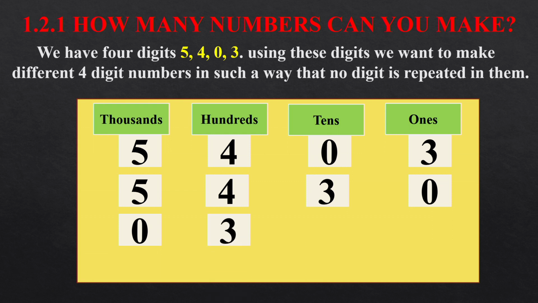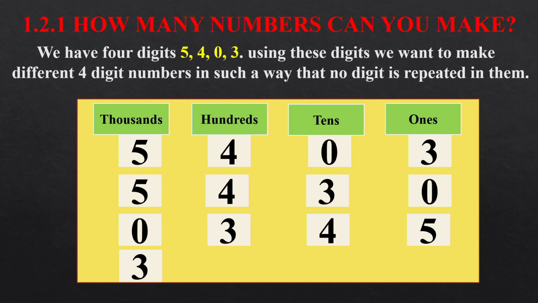If you are interchanging another set of numbers, if you put 0 in thousands place, 3 in hundreds place, 4 in tens place and 5 in ones place, which number did you get? Yes, it is 345. Though it is a smaller number, we cannot consider this number here. Why? Because it is not a 4-digit number. So, what will we do?